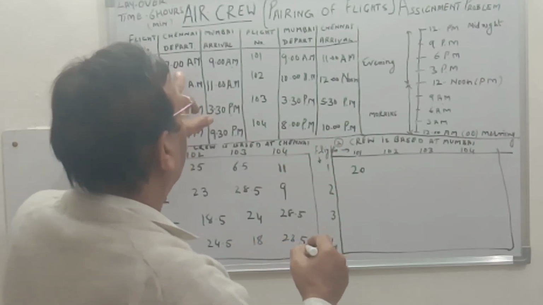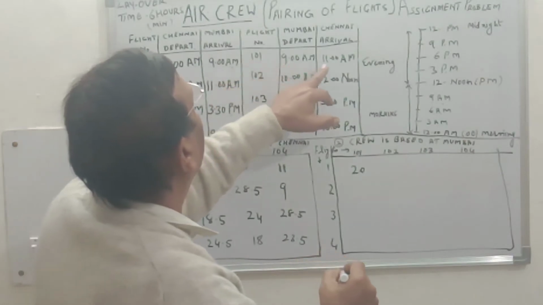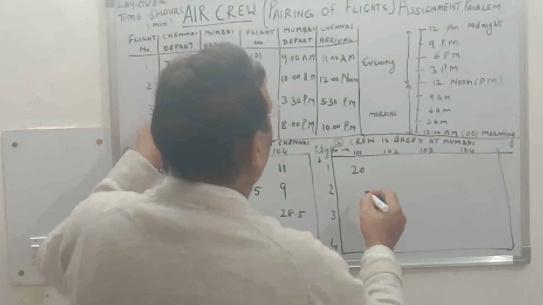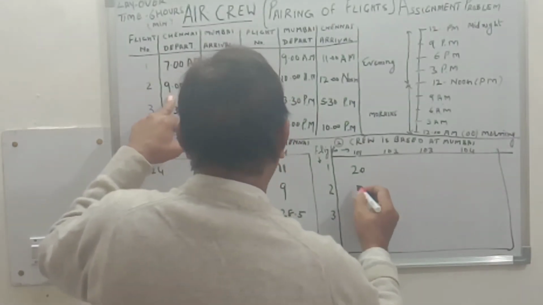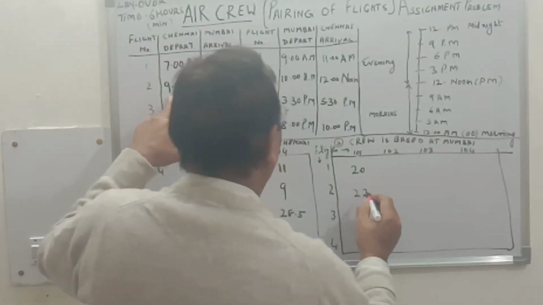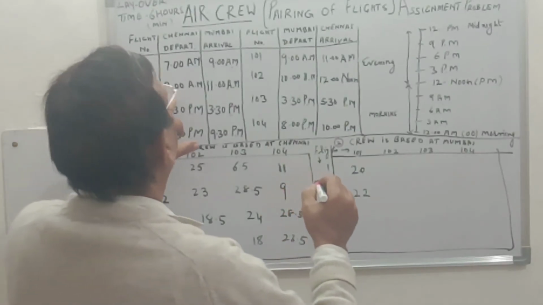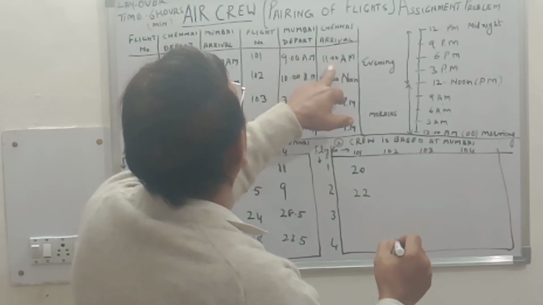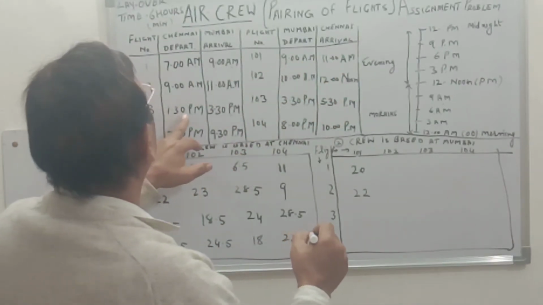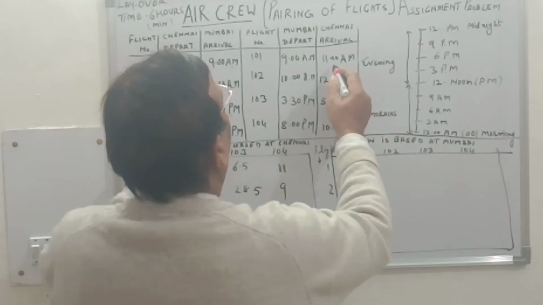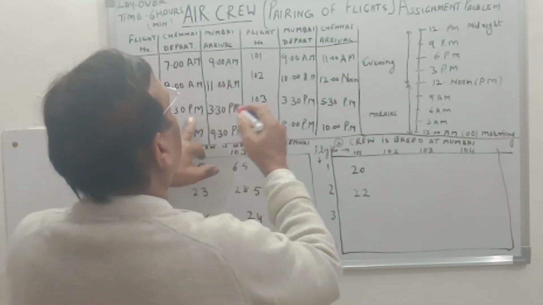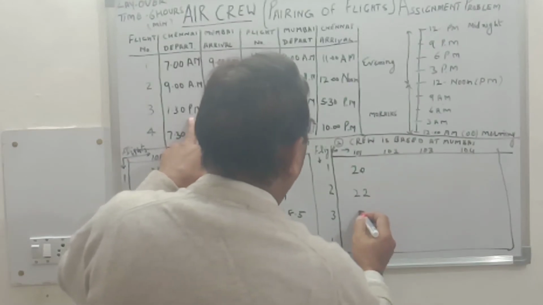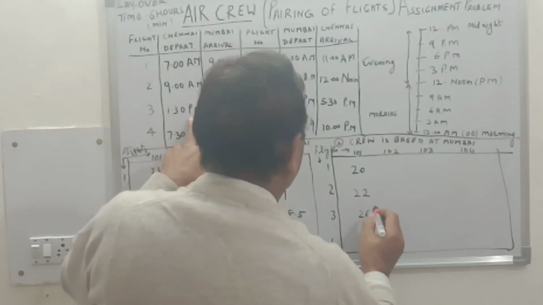Then 101 arrival 11 a.m., it will depart at 9 a.m., 2 hours before, this is 22. Then flight number 101 Chennai arrival is 11, it will depart at 1:30 p.m. So gap is hardly 2:30, so it is less than 6 hours. 2:30 you will add 26.5 hours.